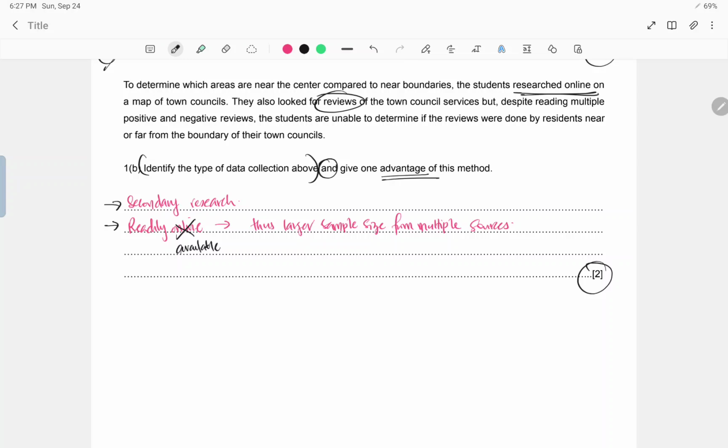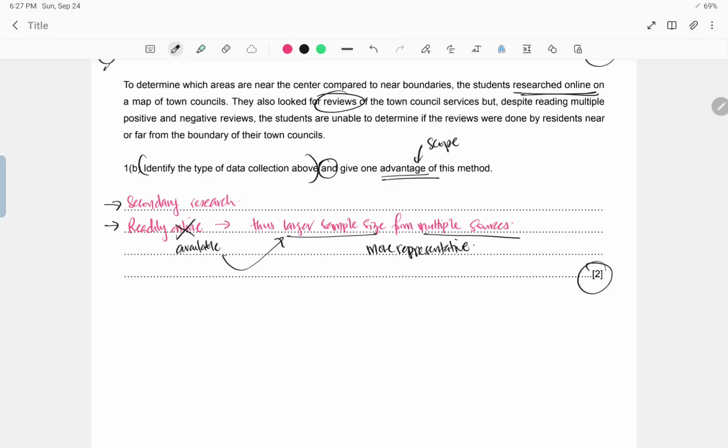You need to argue your point to show that this is an advantage. Remember the scope. You have to prove that this is an advantage. So the fact that it's readily available means you can have a larger sample size from multiple sources. It could be more representative. So there's a lot of ways that you can elaborate where you can show that this is a good thing, right?